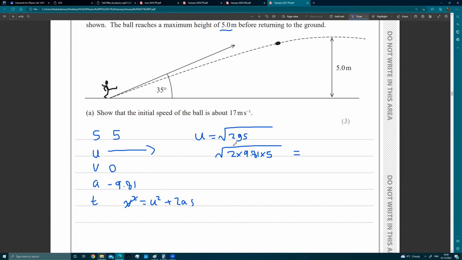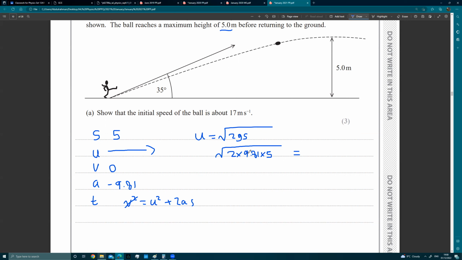Okay, but what did you get for the initial vertical velocity? That's not what I used. I did v squared equals u squared plus 2as. So I did 0 squared equals (u sin 35) squared plus 2 times minus 9.81 times 5. I rearranged it, so u sin 35 equals root of 98.1. Then I divided by sin 35 on both sides and I got 17.26.